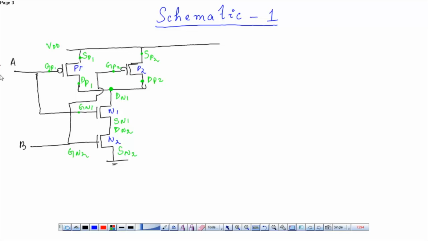Now the obtained output from here, this is the output terminal. Since this is the drain of NMOS and this is the drain terminal of PMOS, the obtained output will be A dot B bar.